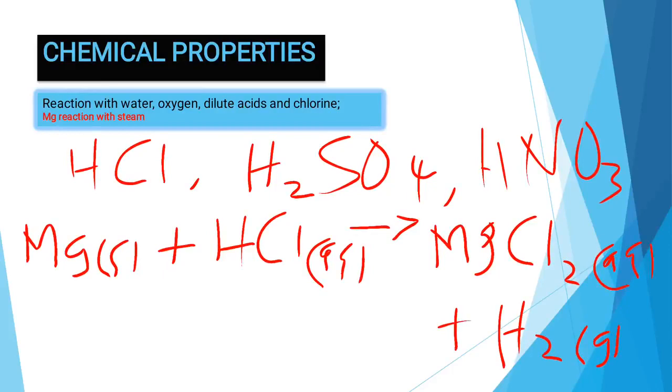Hydrogen gas will be liberated. In our previous lessons, we have seen that metals react with acids to give us salt and hydrogen gas. So the salt that is formed in this case is magnesium chloride, and then we have our hydrogen gas being formed there.